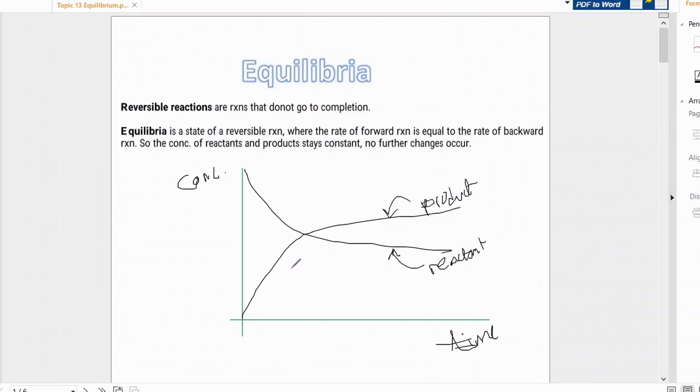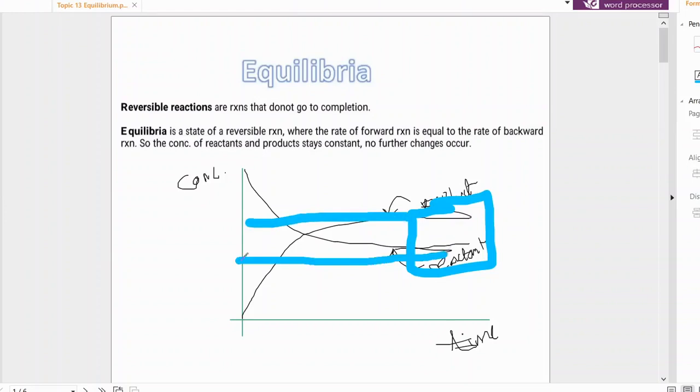So the concentration of product was increasing and that of reactant was decreasing until they reach this state. This state right over here, where the gradients of the concentration time graph become 0 and their concentrations become constant. They are not equal. They are definitely not equal. One is over here, another is over here. They are different values, but they are different constant values that are remaining constant.